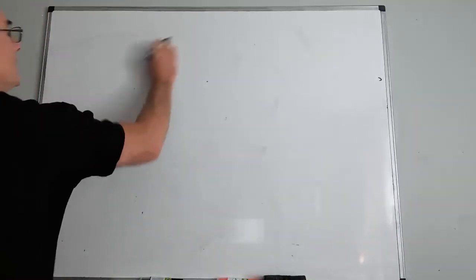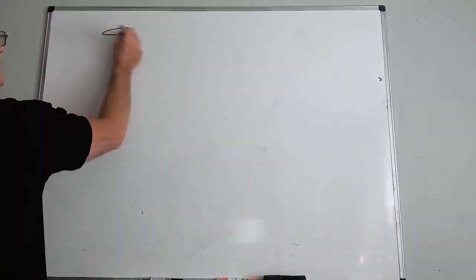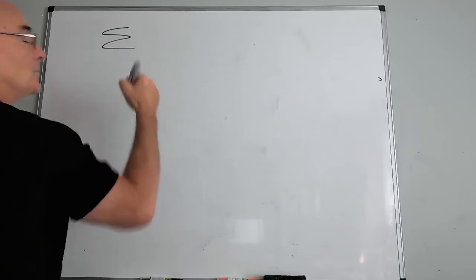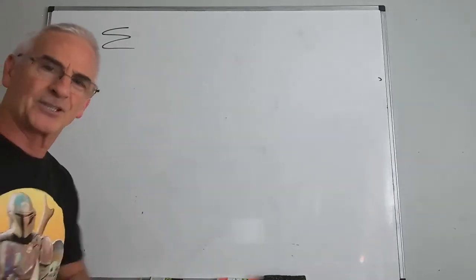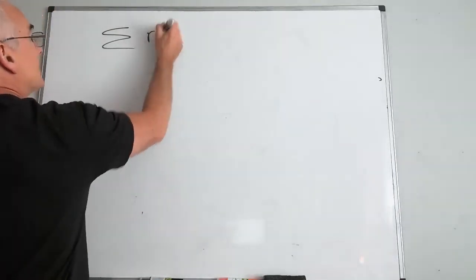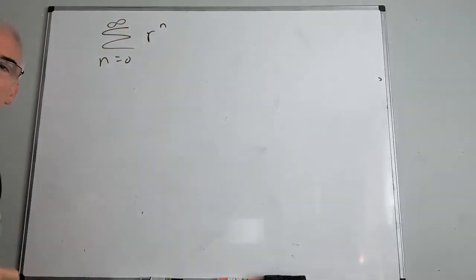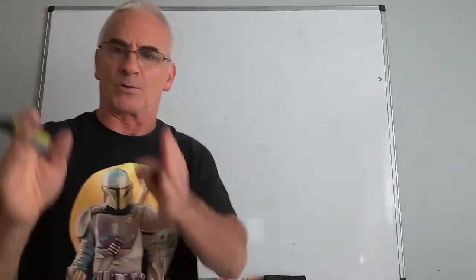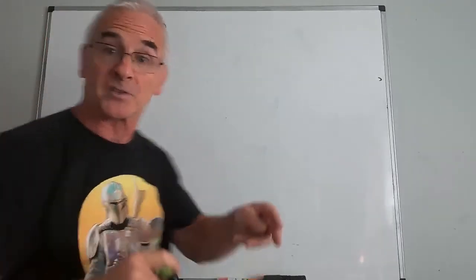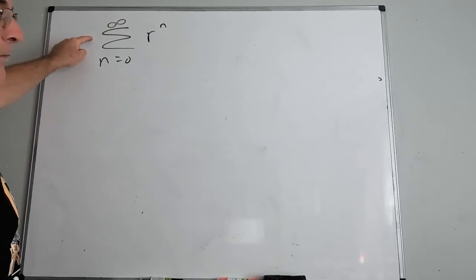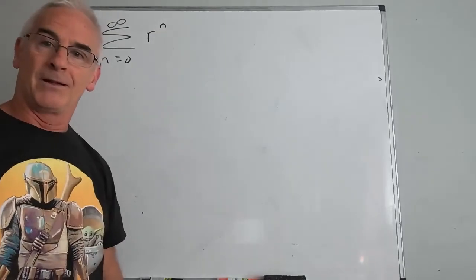We know, and usually when we say geometric, we always say A1 R to the n, but I'm going to change it. I'm just going to call it R to the n. But I'm going to start at n equals 0 now. This is actually the most general form. You say, wait a minute, I thought with a geometric series there was a first term, the A1. Yes, there is. But I want you to think of factoring the A1 out of the problem.